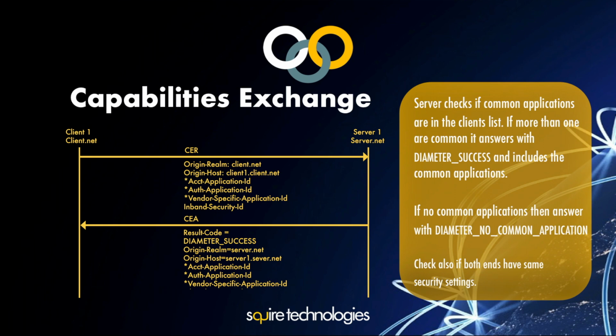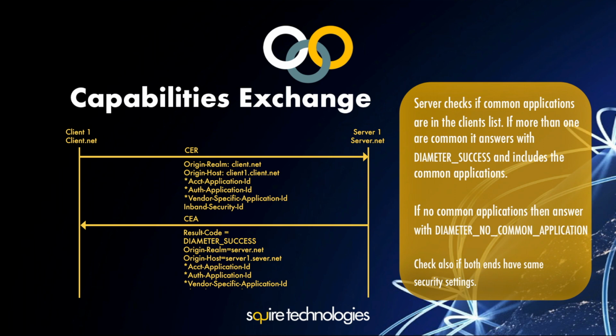So if you think, that's part of the discovery: I can sit there and I know I've got these peers, and I say, well, I support this, I support this, I support this, and you'll get back the ones which they actually do support. So your routing will be based on the common applications, not on what you've necessarily got configured on the box. And if no common application is found, then the answer is diameter no common applications.